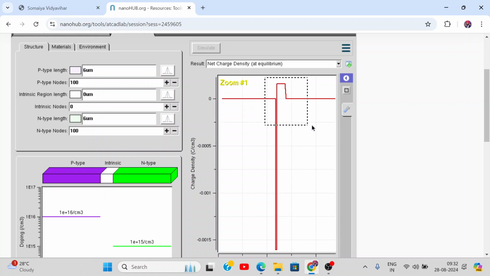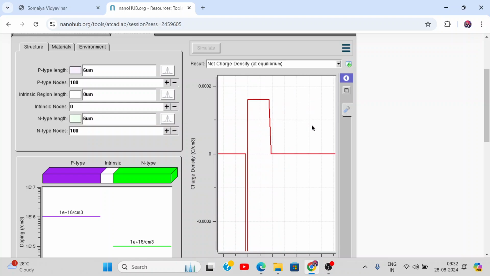So here, if I expand it, to calculate the distance from here to here, that will be W. So how much is the W? If you can note down this value, this will be 6.95 micrometer minus, how much is this? 5.91.